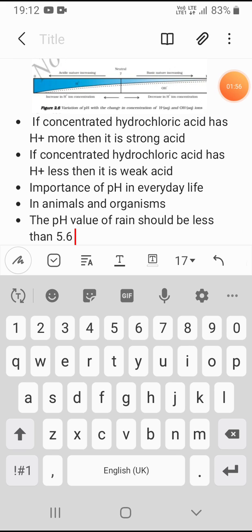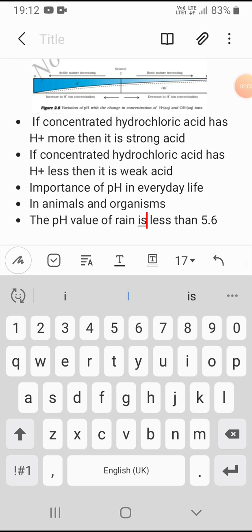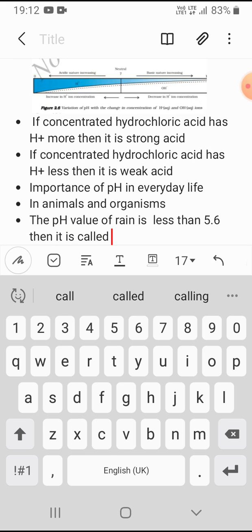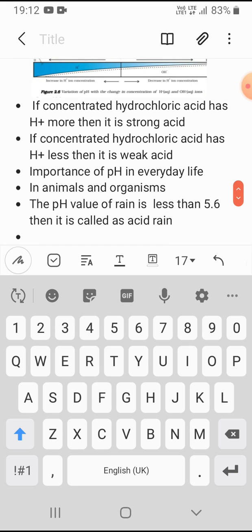If the pH value of rainwater is less than 5.6, then the rain that comes is called acid rain.